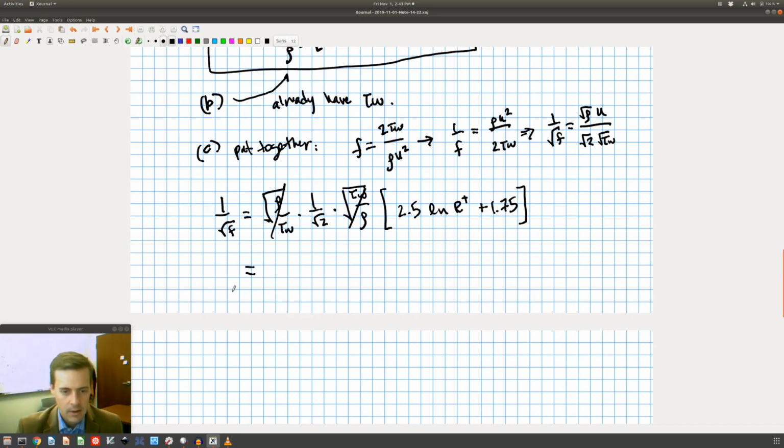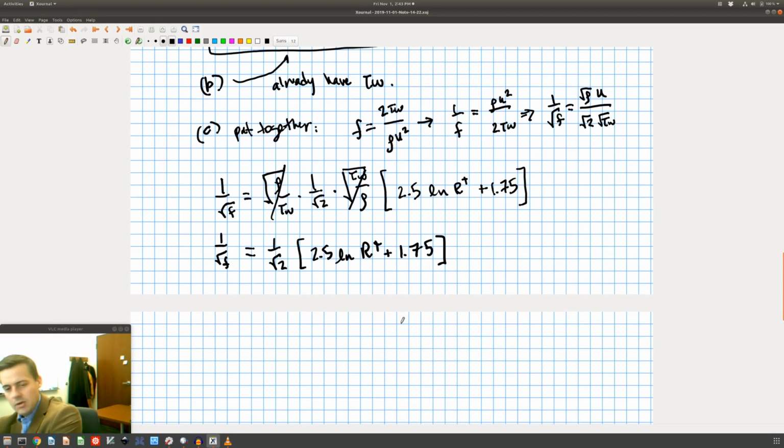Okay, I get 1 over root f is equal to 1 over the square root of 2 multiplied by 2.5 log R plus 1.75. Okay, so now wait a minute, I have this R plus going on. Let me play around with that a little bit.